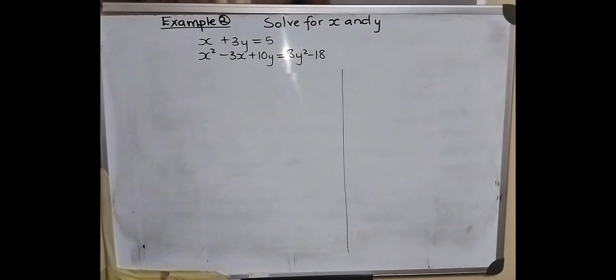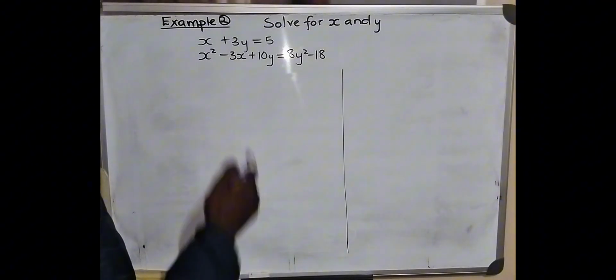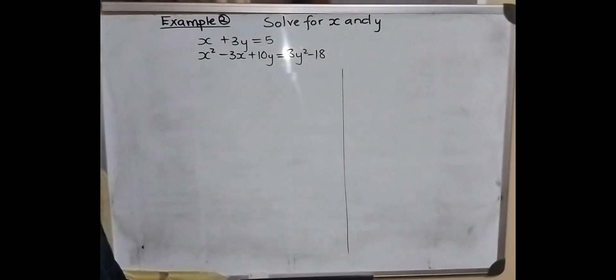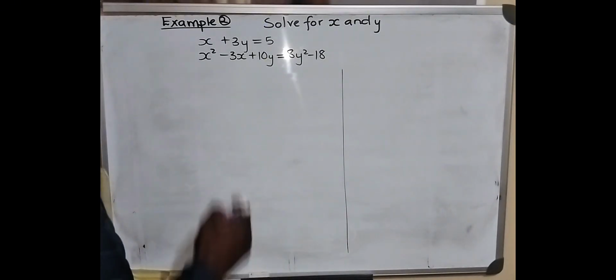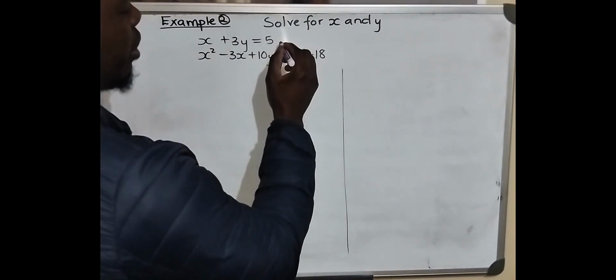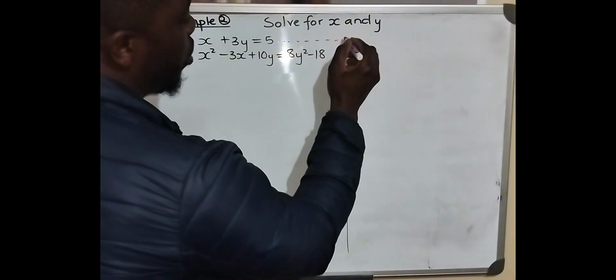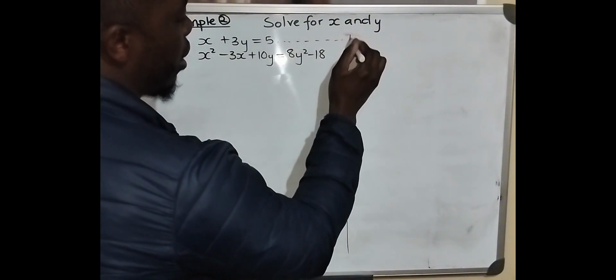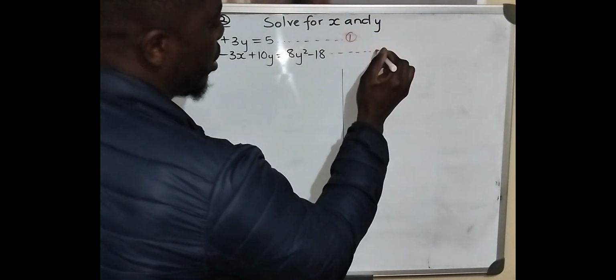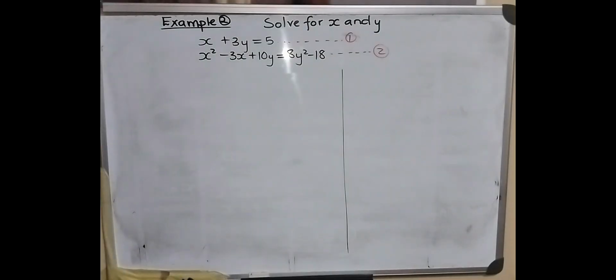So with that being said, we are going to make x the subject of the formula. We're going to isolate x in the first equation. So I'm just going to name this equation number 1, and I'm going to name this one equation number 2. Right, then from that, like I said, it is easy to make x the subject of the formula in equation number 1.